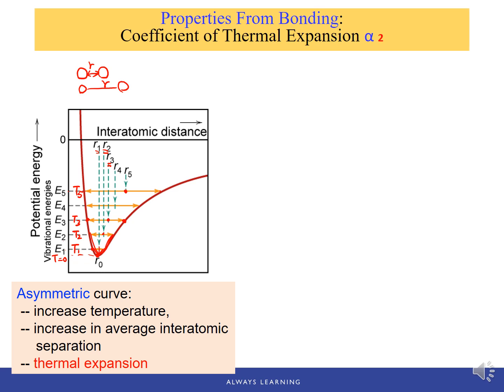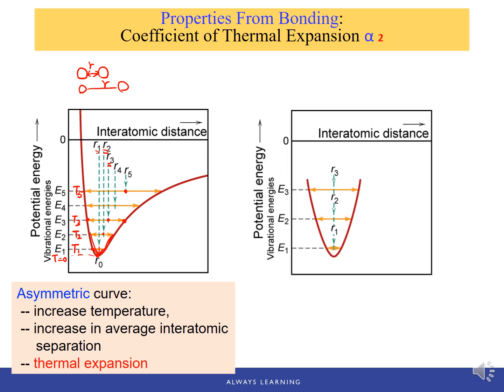Now if we compare to a curve that is symmetric, so this is totally symmetric, even if we increase the temperature from T1 to T2, then to T3, because it's symmetric, the midpoint is always at the same value. So that means no matter how we increase the temperature, the average distance between the two atoms doesn't change.